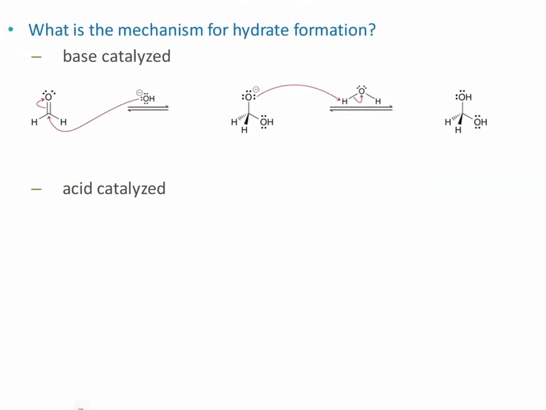Let us look at the mechanism of hydration. It could be base catalyzed. If we use a strong base, the strong base is going to do a nucleophilic attack followed by proton transfer to form the hydrate. If we use a weak base or a weak nucleophile, then we need the help of an acid.